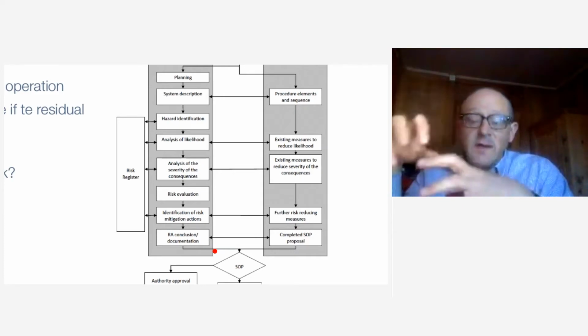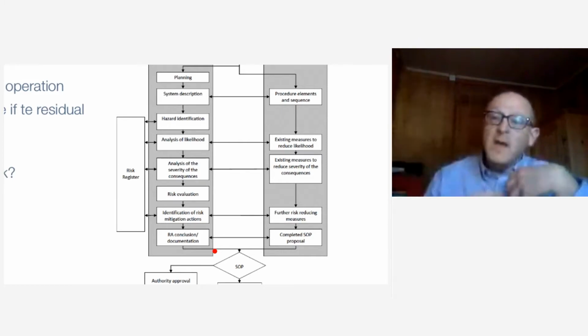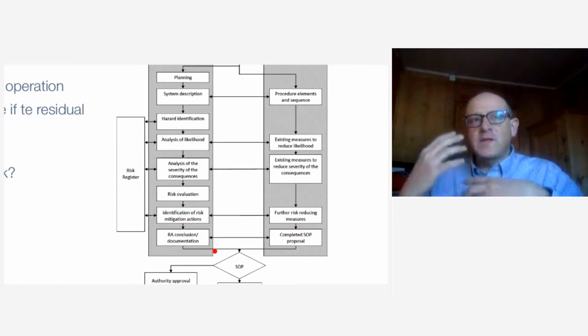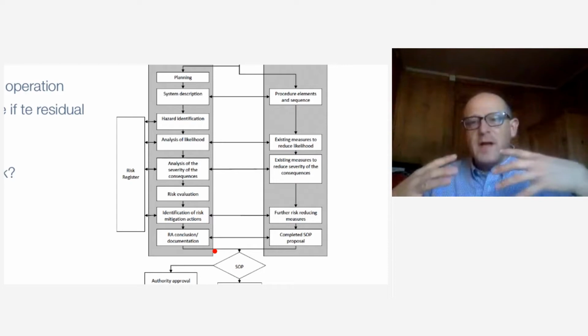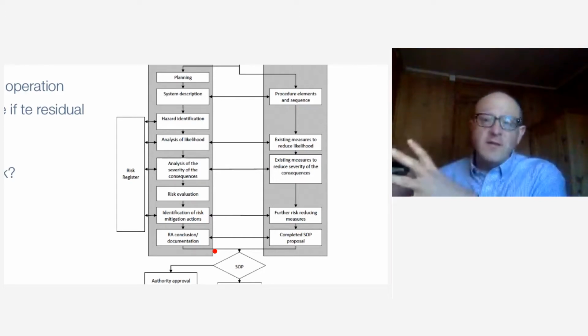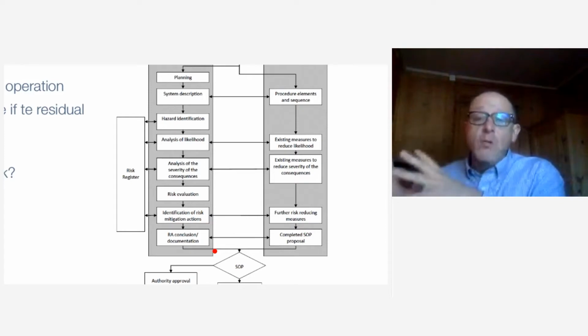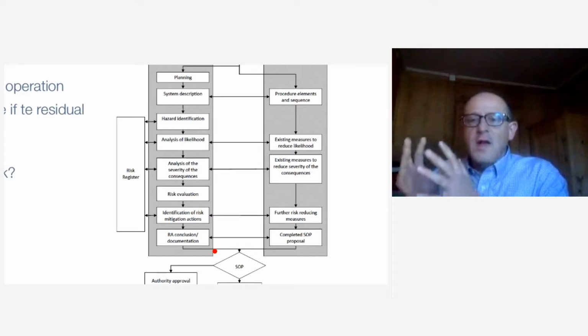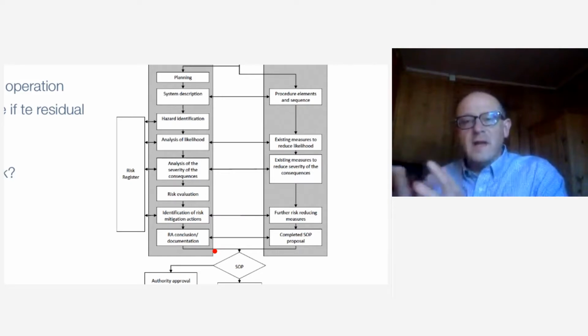Now, one big issue with evaluating risks and then actually entering that into the SOP is the question, how far down the rabbit hole do you go? There's a balance that you have to find between identifying the major risks and mitigating for them, but not over-detailing the operation, because you can quickly get a very rigid framework that will not allow for any kind of deviations.